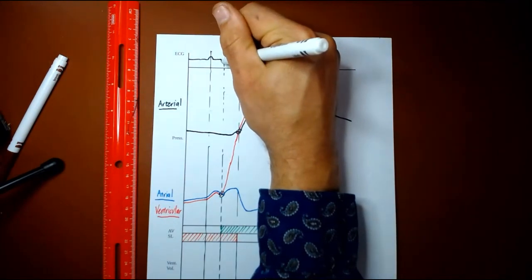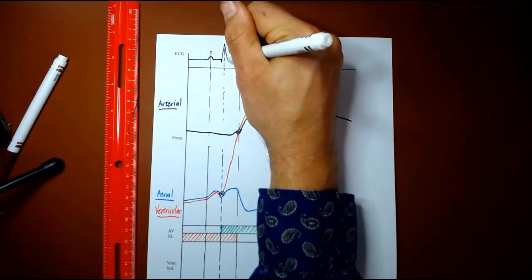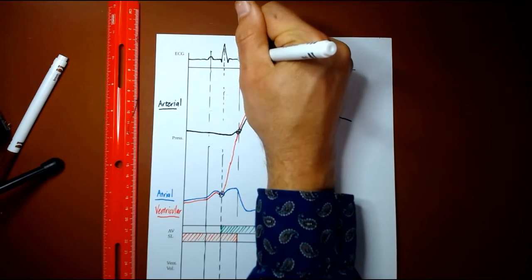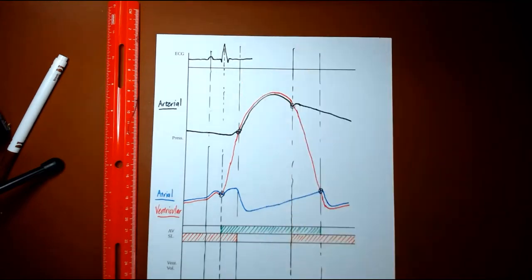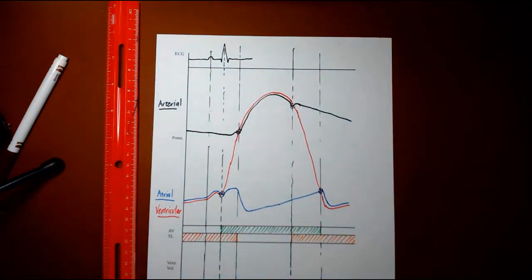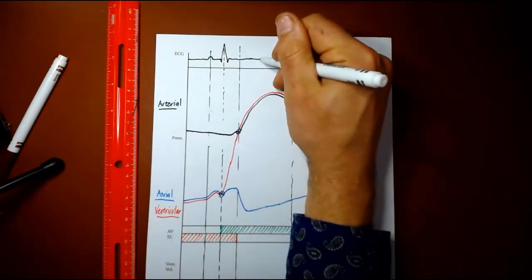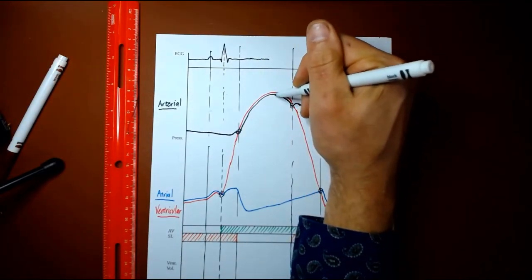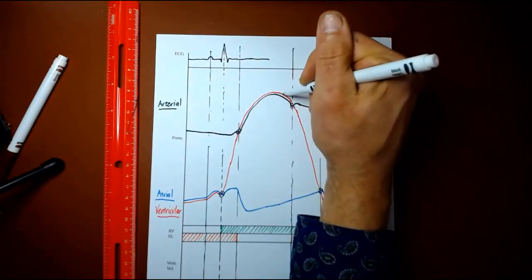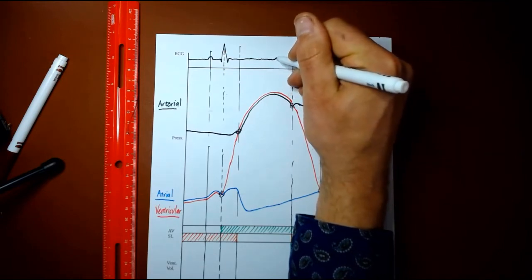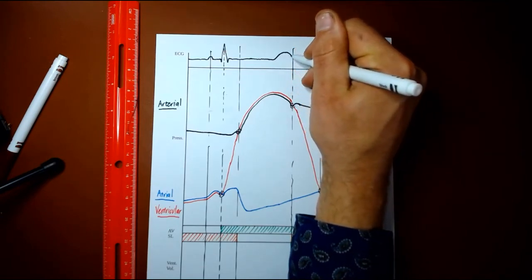We can even put in a little Q, R, S complex there. The other wave on the ECG is the T wave, which is the end of the ventricular action potential. On the Wigger's diagram, that should line up roughly with the peak here. As the ventricular pressure starts to fall, that's coming with the end of the ventricular action potential.